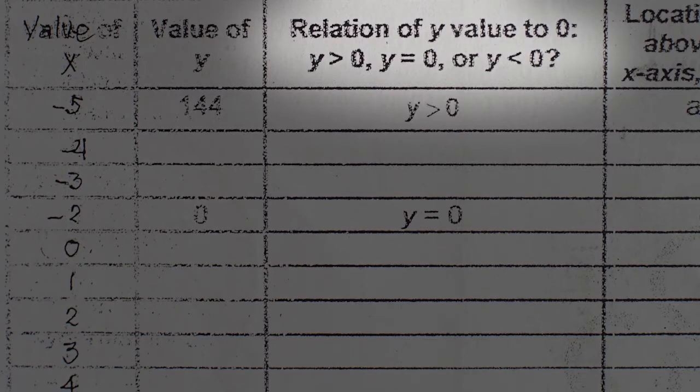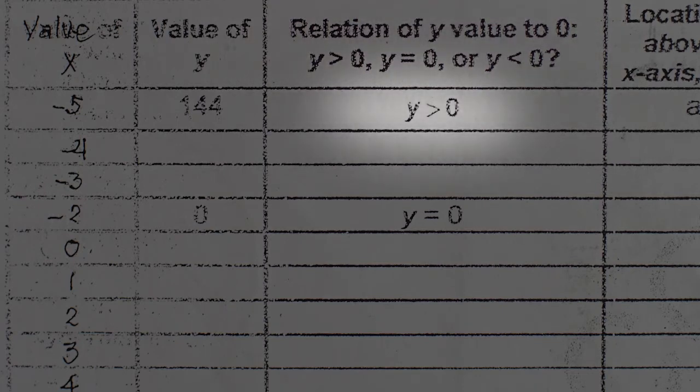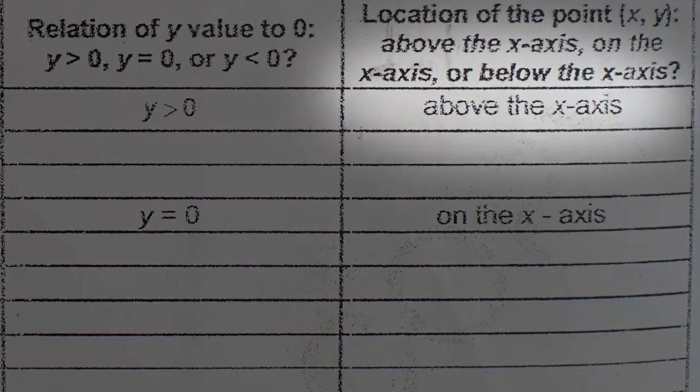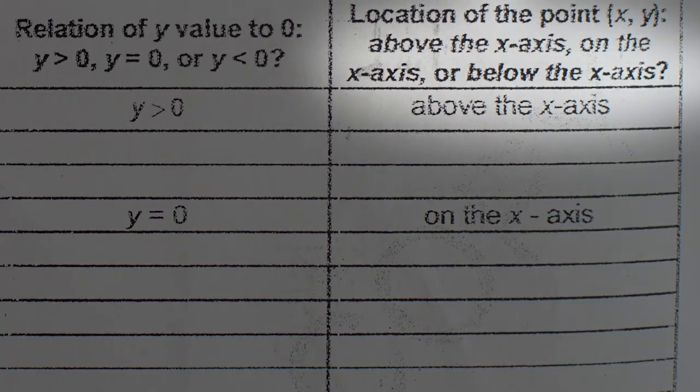Then the relation of the y value to 0: y is equal to 0, or y is less than 0, then y is greater than 0, then y is equal to 0. Then the last column is the location of the point, x and y.